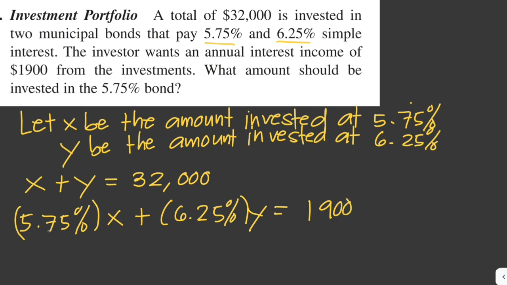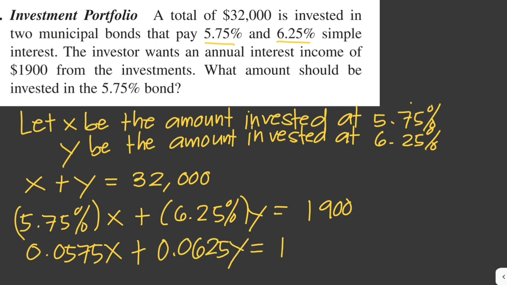Or we can just simply write this in decimal as 0.0575x plus 0.0625y equals 1,900. And now we've already set up two equations, so we can now solve for the values of x and y. So we can use substitution here.